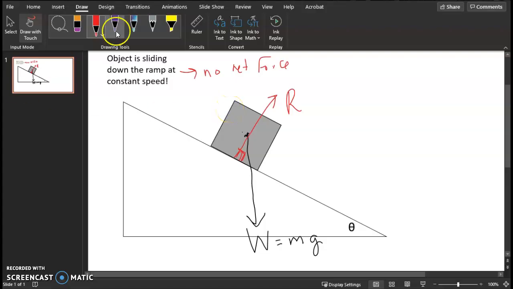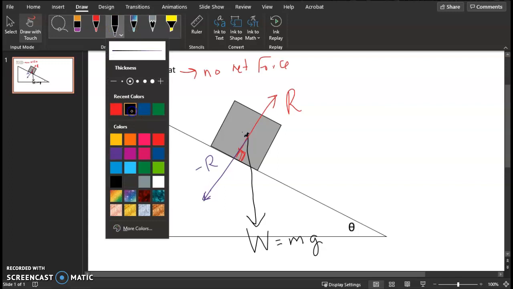So to figure out what the value for the normal force is, I am going to extend a line right here. And then this vector, this is equal in magnitude, opposite in direction. And I'm just going to call this negative R. This value for the normal force is one component of the weight vector.